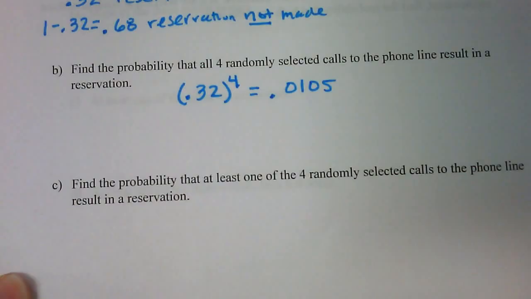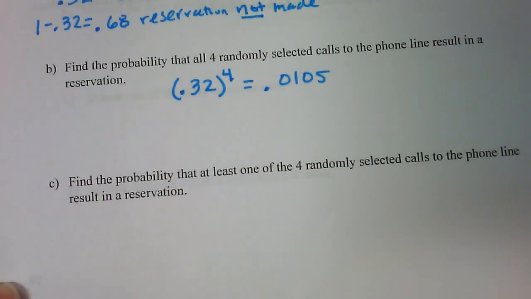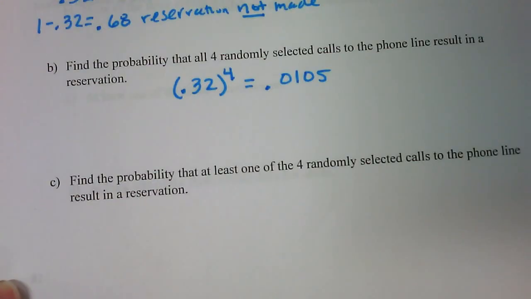Okay, find the probability that at least one of the 4 randomly selected calls to the phone line results in a reservation. So if there's going to be at least one, it could be 1, it could be 2, it could be 3, it could be 4.